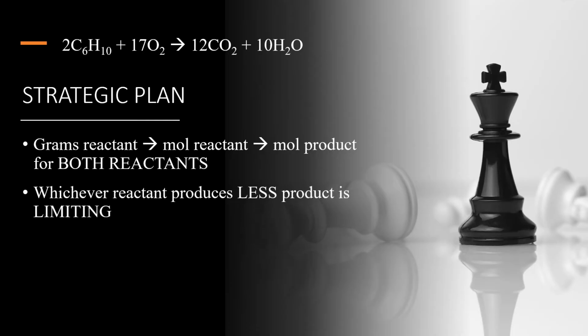Once we have done that, we can compare how much product is generated in each case. Whichever reactant produces less product is limiting. Why? Because after the limiting reactant is used up, no more product can be generated. This is the rationale behind less product.